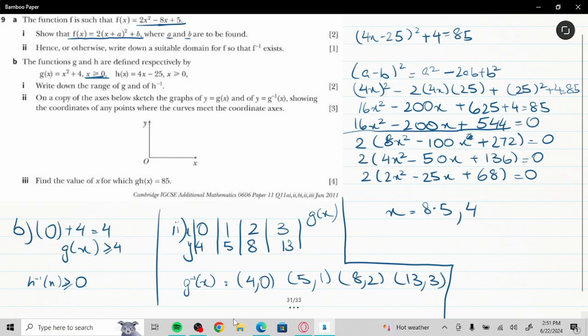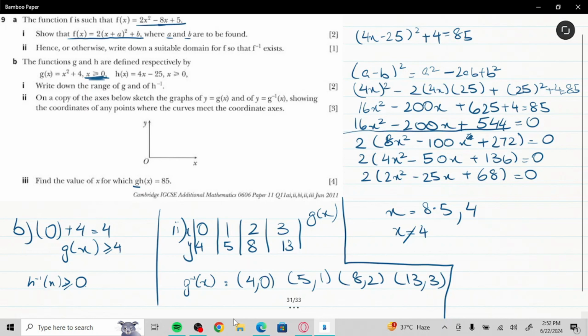Now the thing is that x equals 4 is not a correct value. Why is that? Let me explain. We are inputting the value of h(x) into g, meaning that the domain, or the input value of g itself, should be satisfied.